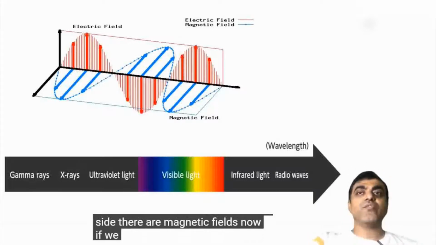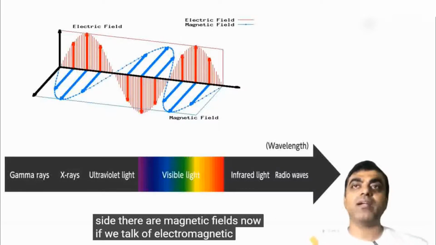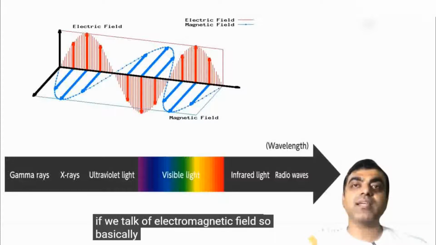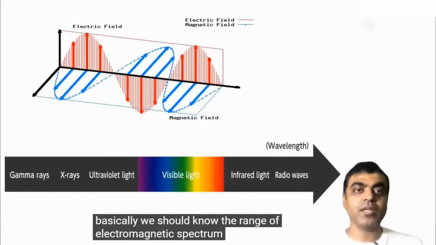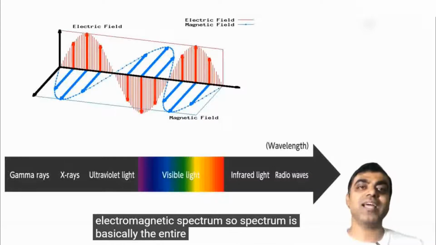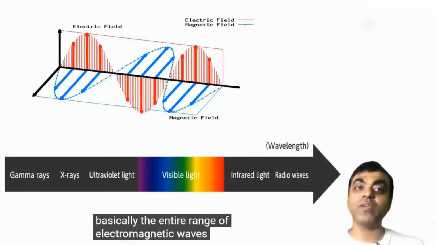Now, if we talk of the electromagnetic field, we should know the range of the electromagnetic spectrum. The spectrum is basically the entire range of electromagnetic waves.